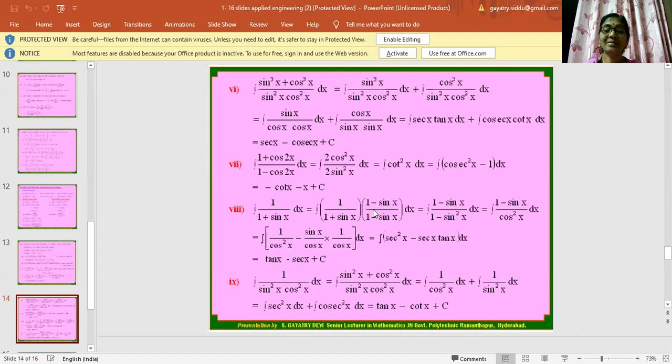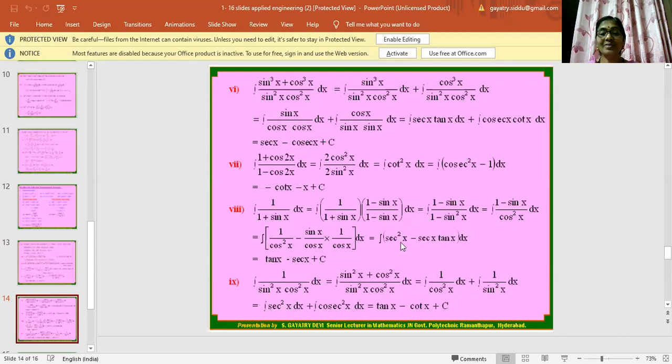Here is a plus term, so we multiply with the minus term, so that we have 1 minus sin x in the numerator and 1 minus sin square x in the denominator, which leads to a single term, cos square x. This gives you an immediate chance to split the numerator: 1 by cos square x minus sin x by cos x into 1 by cos x. 1 by cos square is secant square, and the other is secant into tan.